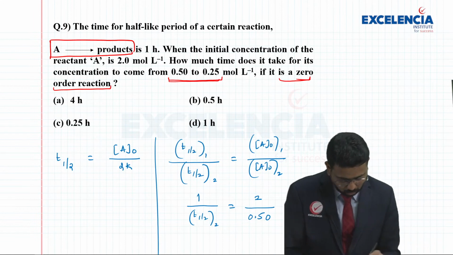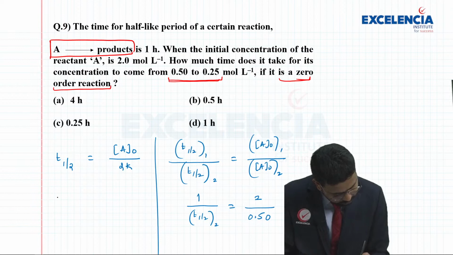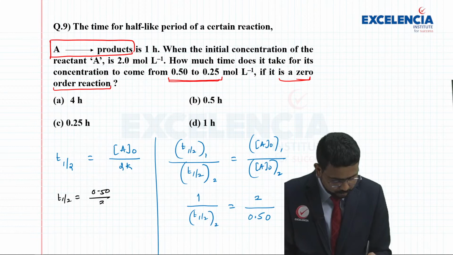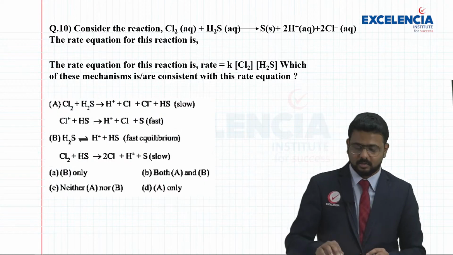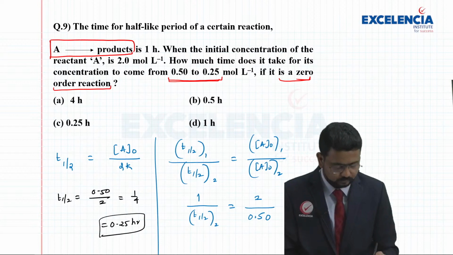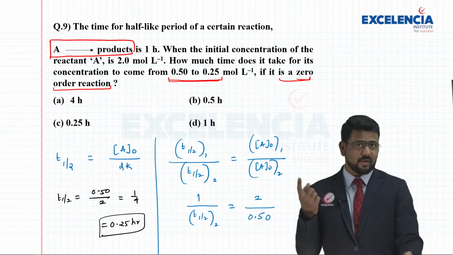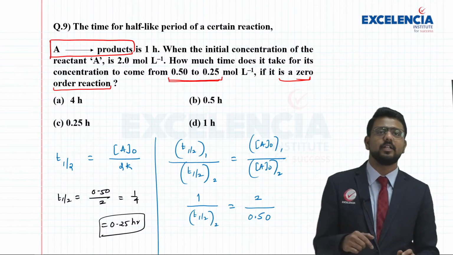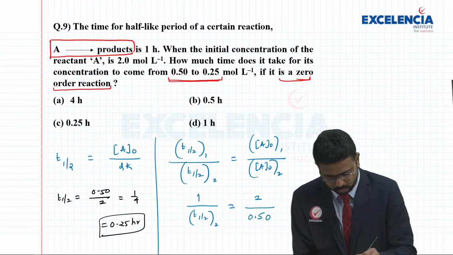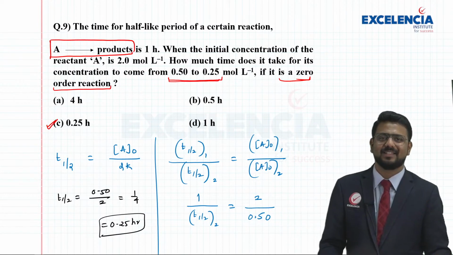So when you solve this for the half-life, you will get T half equal to 0.50 over 2, which is basically 1/4. So hence definitely your answer here will come out to be 0.25 hours. Simple, straightforward. Now if you notice here, initial concentration in the first case was taken as 2. Now it is reduced to 1/4, that is 0.5. That's the reason the half-life is also reduced here to 0.25. So definitely here your answer is option C. Clear?